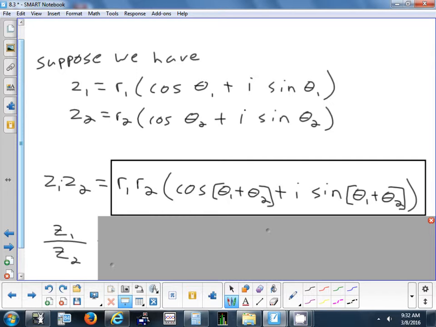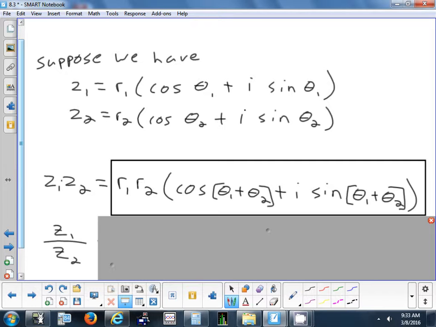All right. So to multiply 2 complex numbers in polar or in trig form, take your radii, multiply them together. R1 times R2. That's the first half. The second half, take your first angle, take your second angle, add them up.